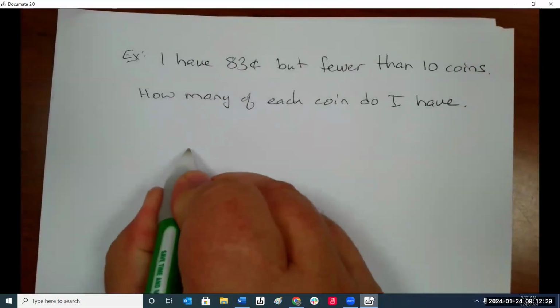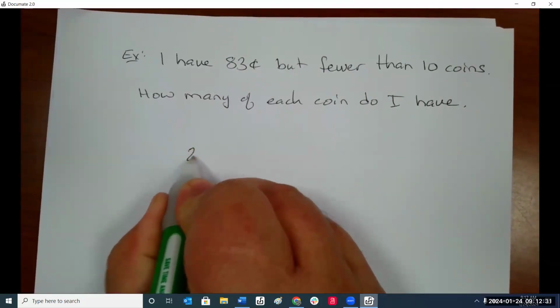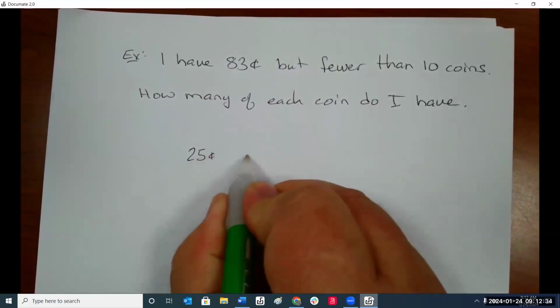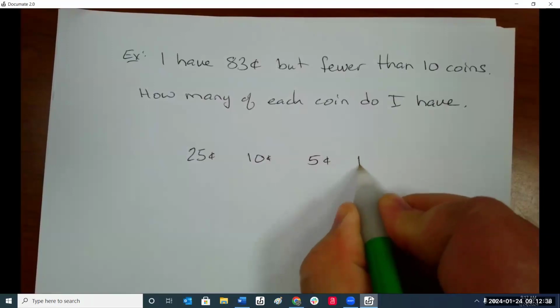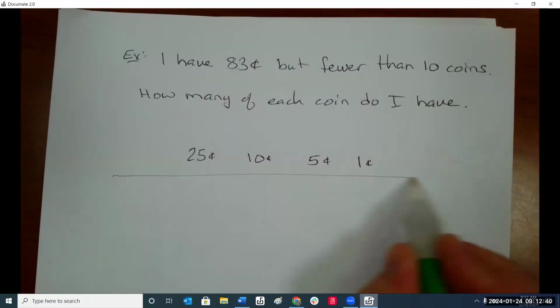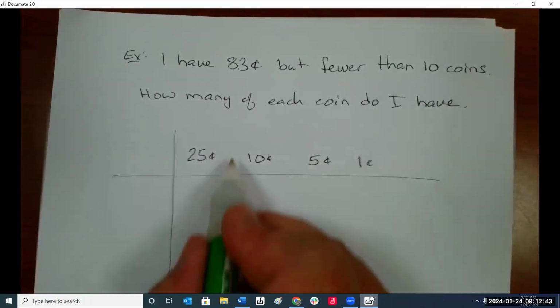Yeah, so I can have a quarter. I can have a dime, a nickel, and a penny. So here, got to create a table.